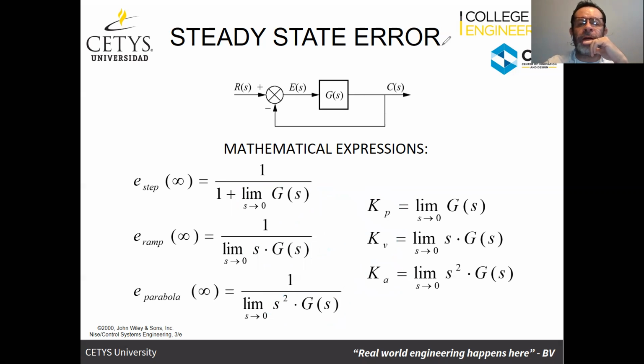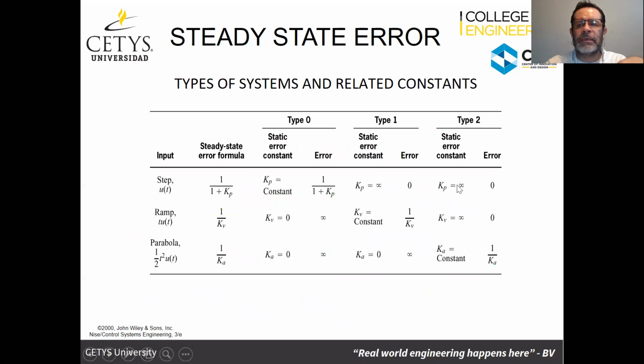Now, depending on the system is how it's going to react to these. And that's the last thing we were talking about. So systems are going to be classified according to the highest order of the S factor that's multiplying in the denominator.